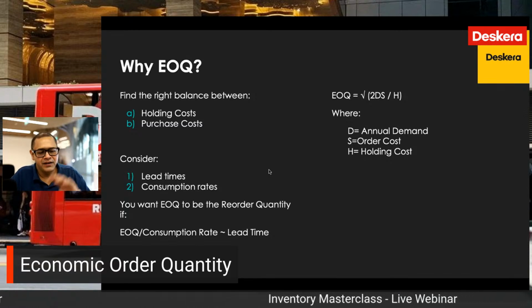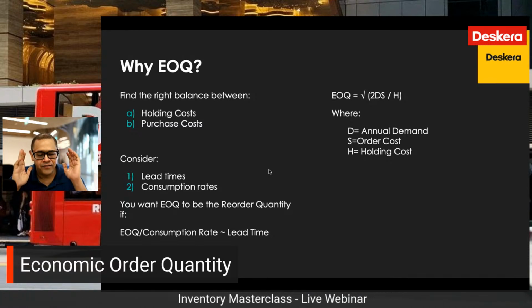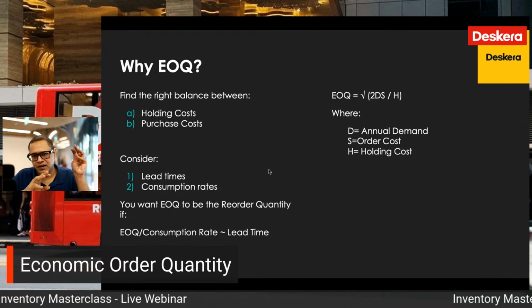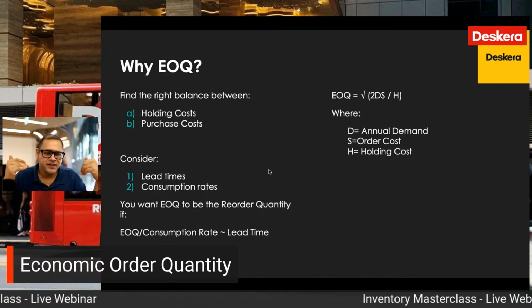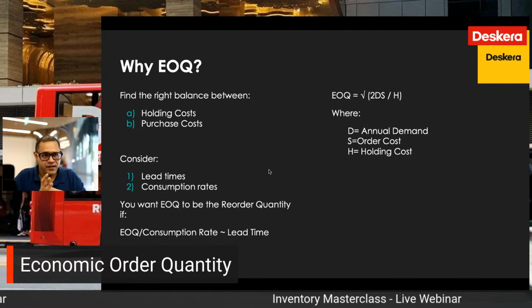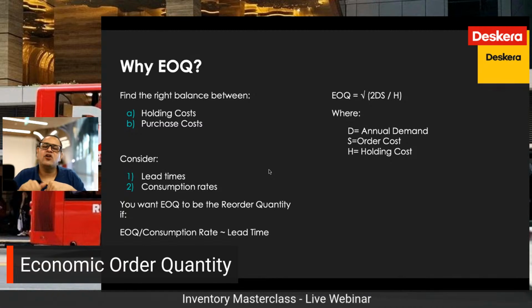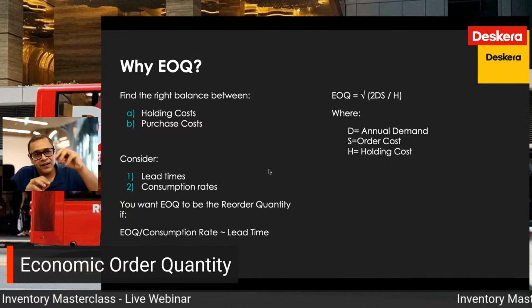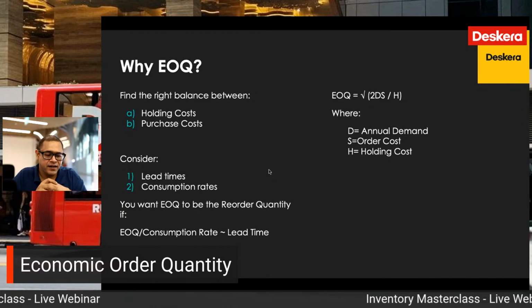So what the EOQ does is it finds the right balance between the holding cost and purchase cost to give you the right order size, which will allow you to minimize your inventory acquisition cost and inventory maintenance cost. Correct.